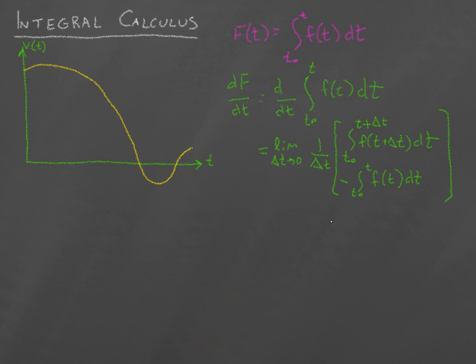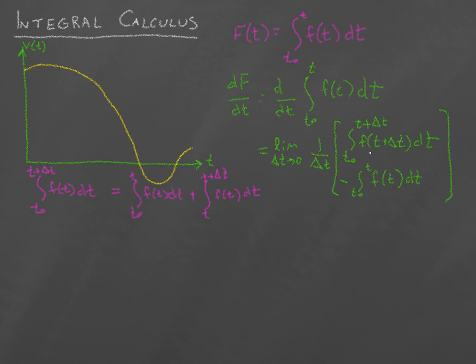Right? Now one property you might remember with integrals is that the integral from t0 to t plus delta t of f of t dt is the same thing as the integral from t0 to t, plus the integral from t to t plus delta t of f of t dt.